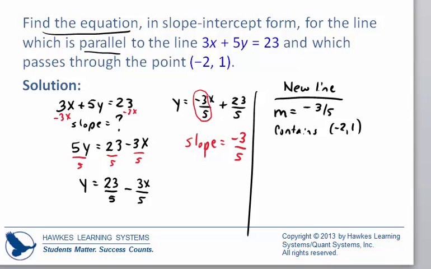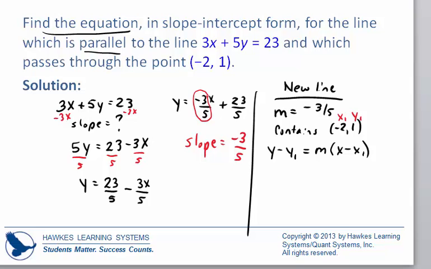So remember that point-slope form looks like y minus y1 equals the slope m times, in parentheses, x minus x1. And remember that the point that you had would fill in for the x1 and the y1.